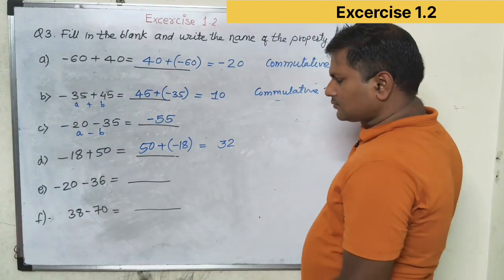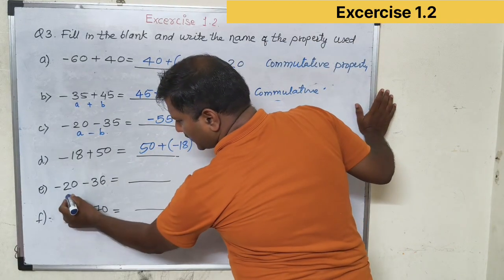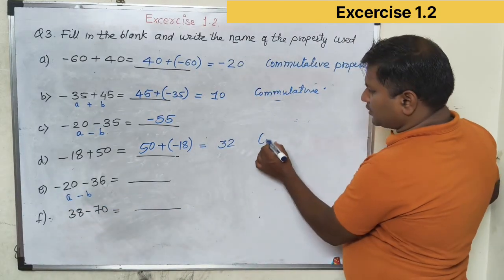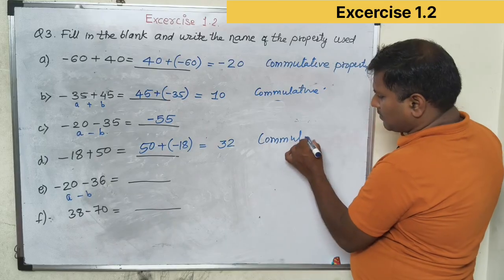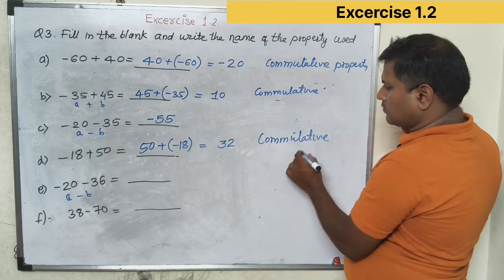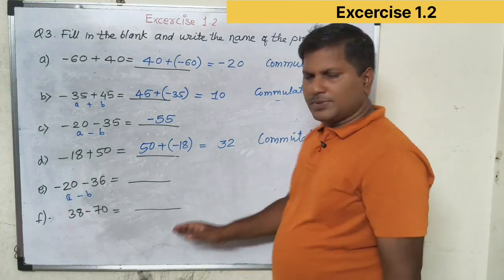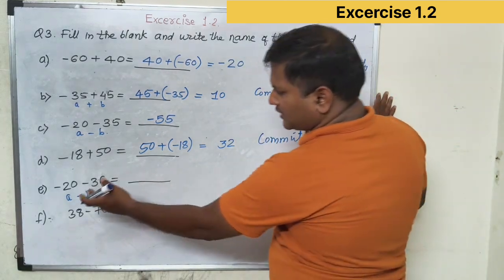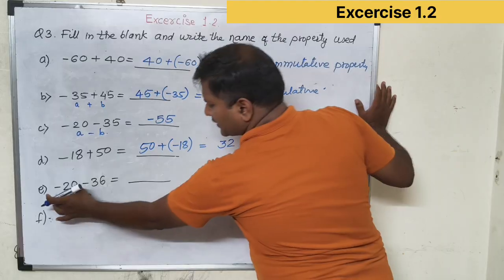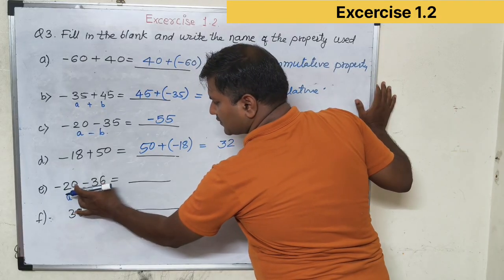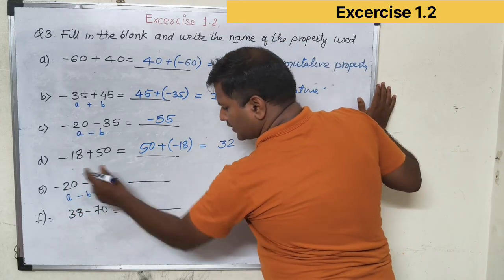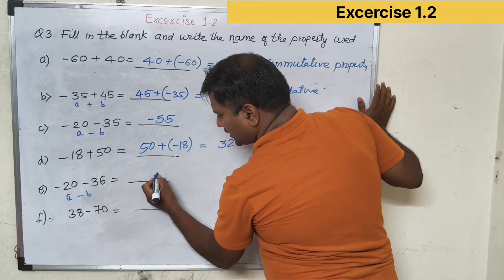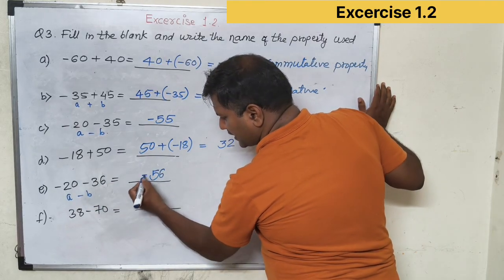Then here this is A minus B, so it is not following the commutative property. A minus B is not following B minus A. So simply take the difference, that is minus 20 minus 36. In this case you have to write this as addition: 36 plus 20 is 56 and you will get a minus sign.